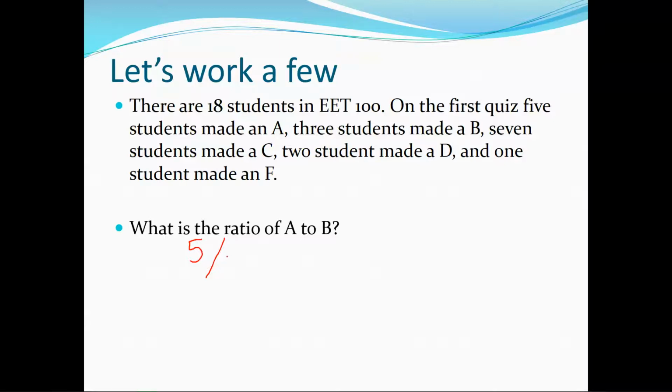We had 3. So we have a 5 to 3 ratio. Again, you can't really reduce that any further, but you can simplify it.